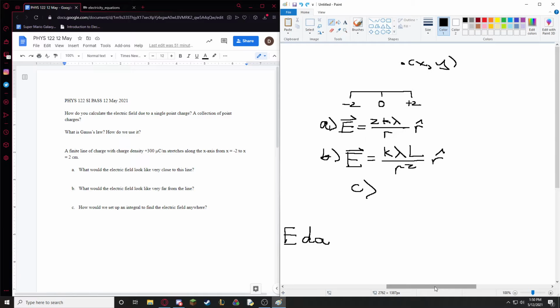What's the electric field due to a point charge? KQ over R squared, exactly. So what is R in this case? What is R squared?